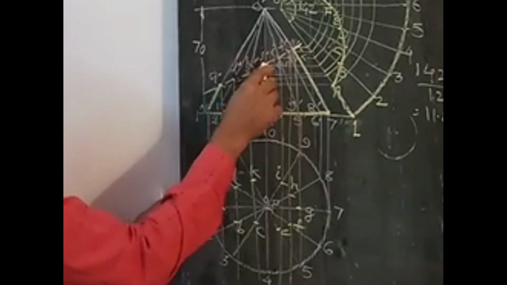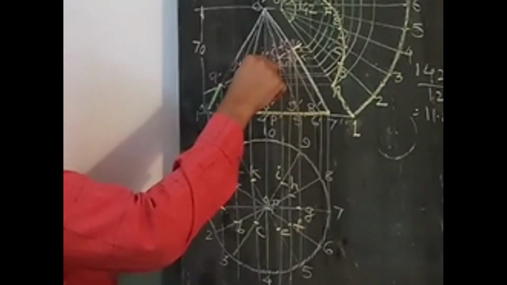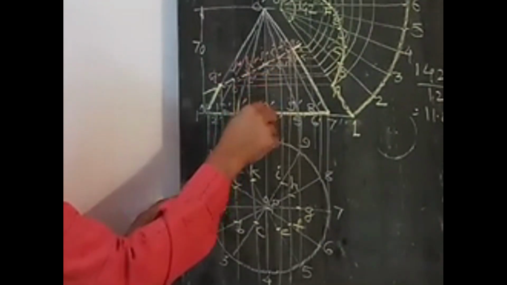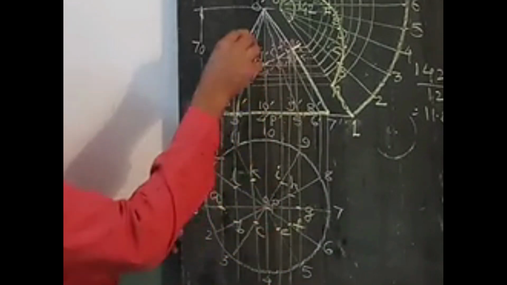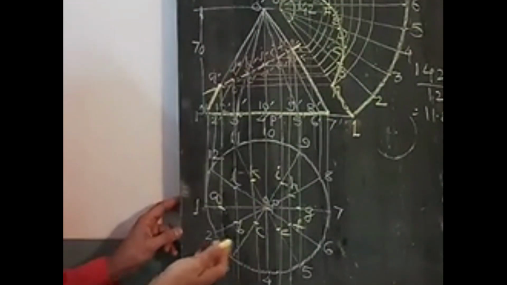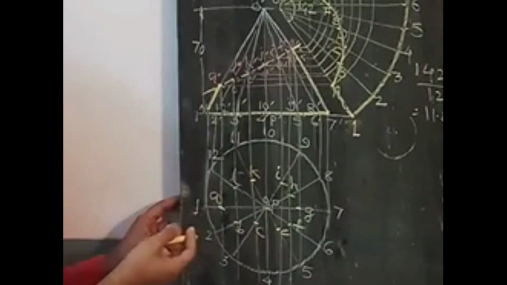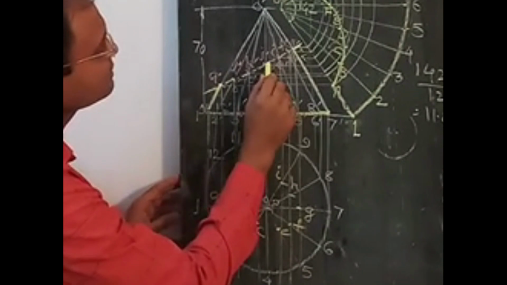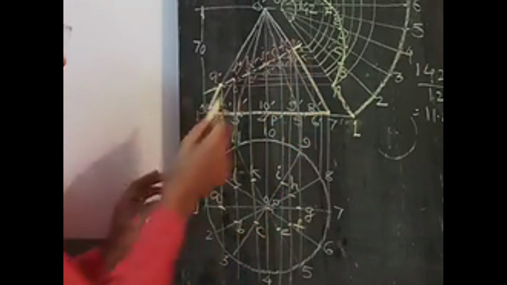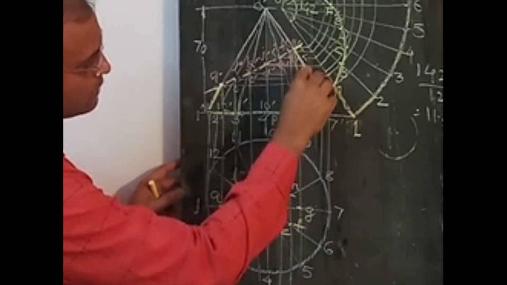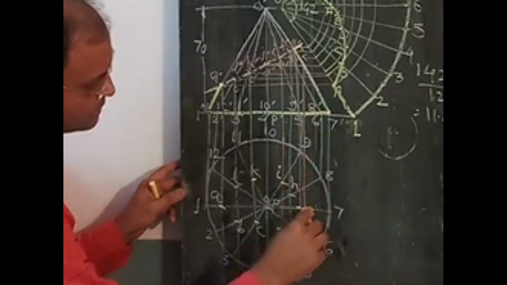Now if you see points D and J, if you try to transfer them on the respective generators, you will find that D and J are on 4 and 10. So if I draw this, the generators and the projector, they are coinciding with each other. So here we cannot mark them by this procedure. For that we have to follow a simple procedure. We have to first transfer D and J on the true length. So D and J are here transferred onto the true length. From here we have to draw one vertical projector on the same generator.